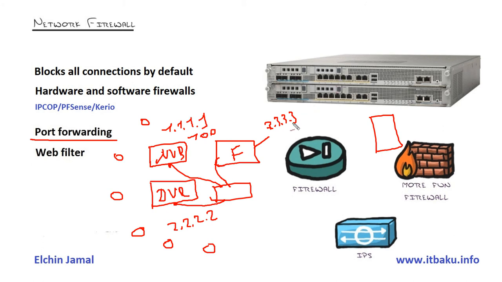So we'll create a port forwarding rule. What should we include in this rule? We should include the source IP address. We are creating a rule that allows a special connection from outside.